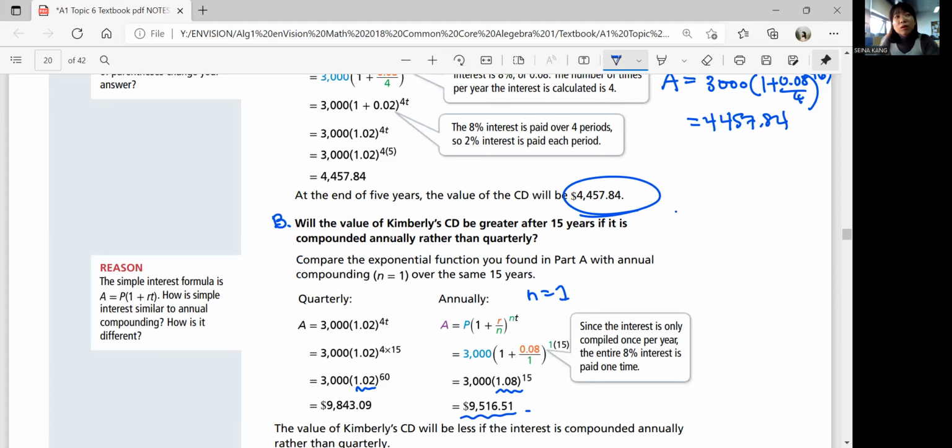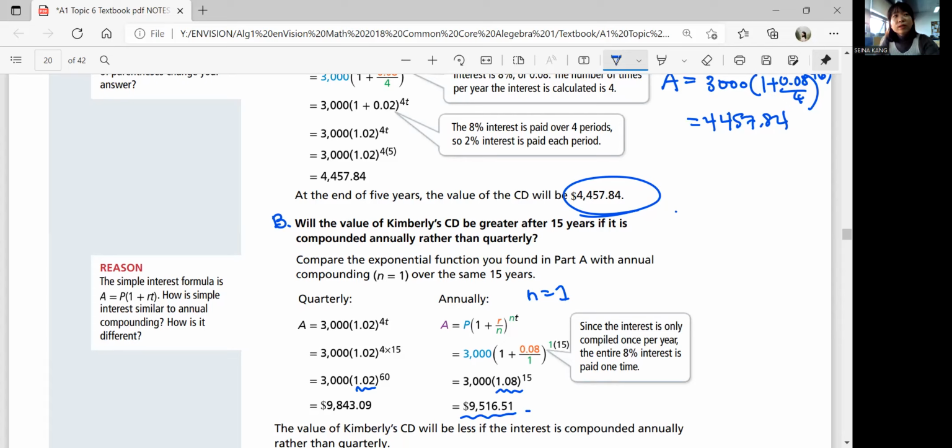It's because over a long period of time, if you get paid interest 4 times every year rather than once every year, you get paid interest on your interest.